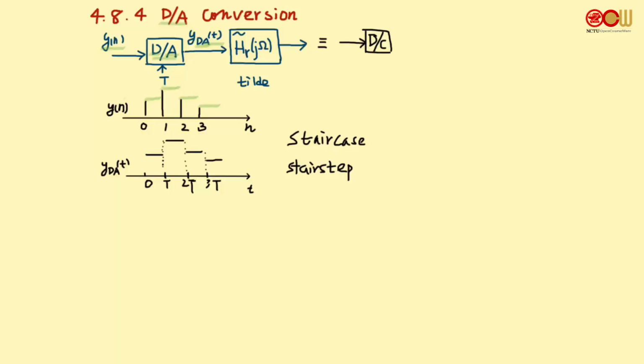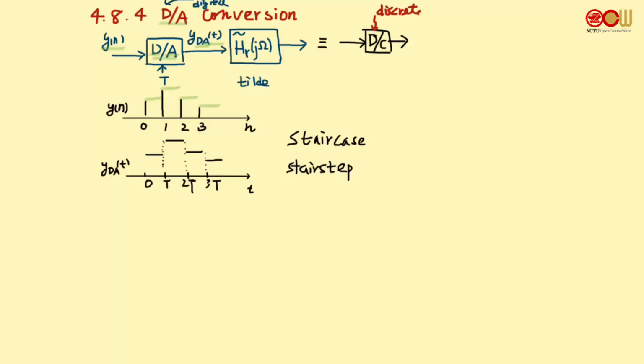Remember this D2C here, the D is discrete. That's what it means, discrete to continuous time converter. And this D here is digital. So both of them are D, but they mean different things.